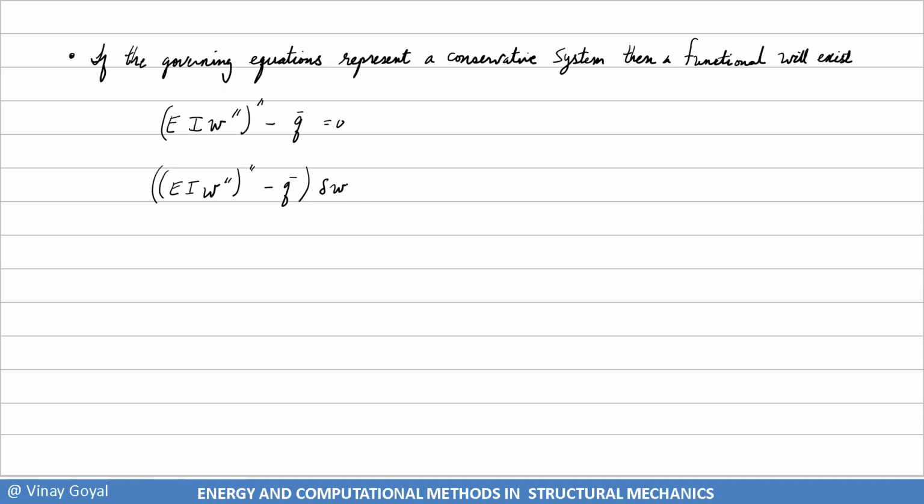In fact, I'll multiply by del W so it's clear that anything specified on W needs to be considered. Del W, and consider this to be the test function.